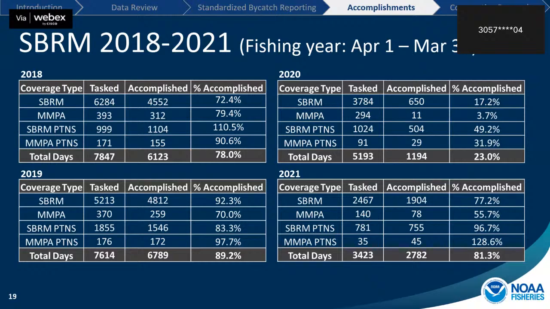Obviously, we want to achieve as close to 100% as possible. The dip in coverage for 2020 was due to observers not getting sent out to sea from March through August. So we're continuing to make headway, and we hope that the numbers will improve as we develop those efficiencies, and now that we have debriefers back on track. Thank you. Next slide.